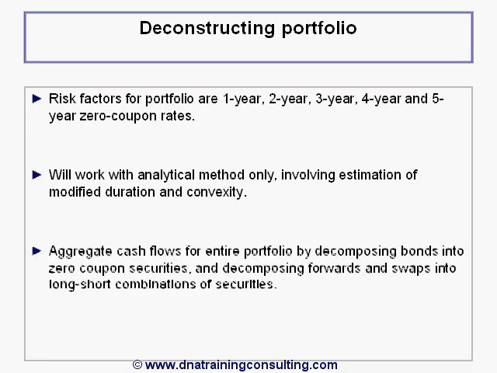We first aggregate the cash flows for the entire portfolio by applying some of the lessons we learned earlier about the decomposition of bonds into series of zero coupon securities and the decomposition of forwards and swaps into long-short combinations of securities.